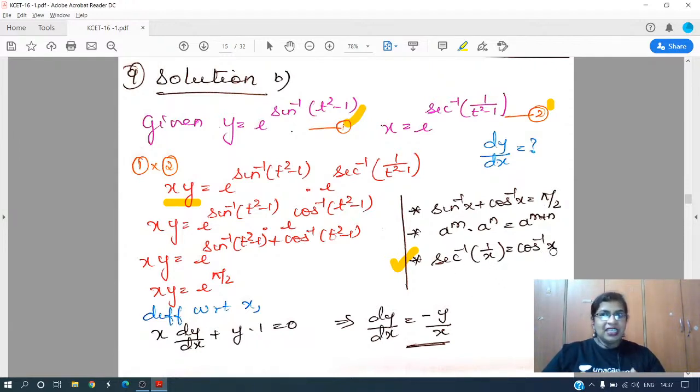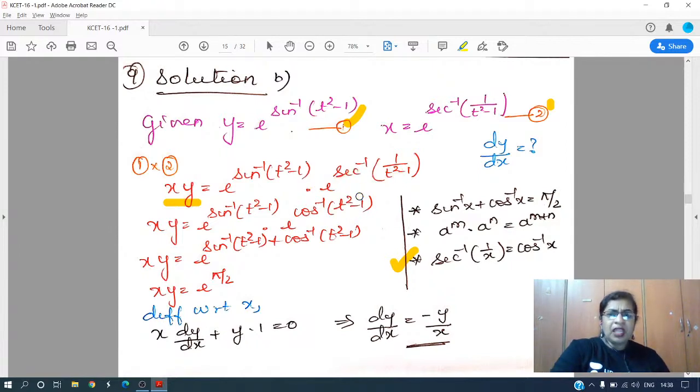Now in my question, I have secant inverse of 1 by t square minus 1. Use this reciprocal idea. So secant inverse will be changed to cos inverse, and 1 by t square minus 1 will change to t square minus 1. Isn't that easy? Simple? Yes.